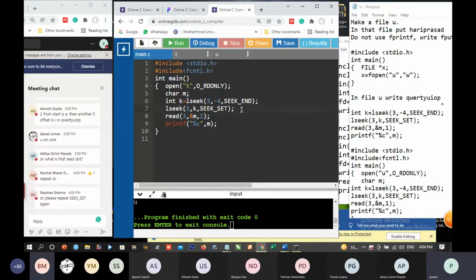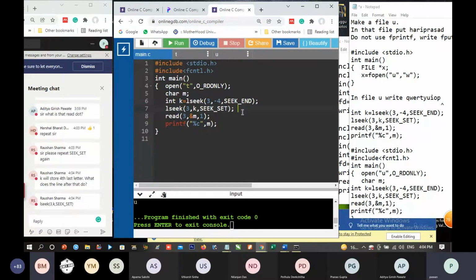Now the file pointer is taken to that location. What is the problem? No, K will store the file pointer corresponding to the fourth last letter, Roshan. Afterwards, the file pointer is taken to the Kth place, and the reading is done from the place of the file pointer. What is the problem?